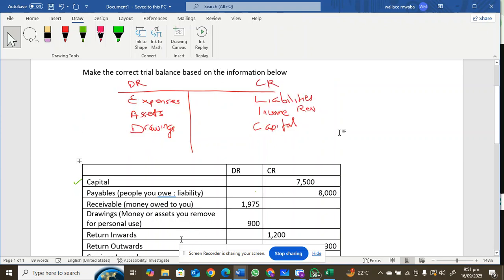Okay. All right. What about return inwards? What is return inwards? What's the definition?